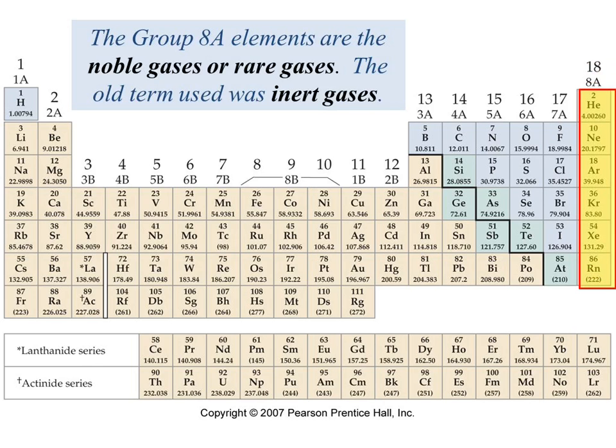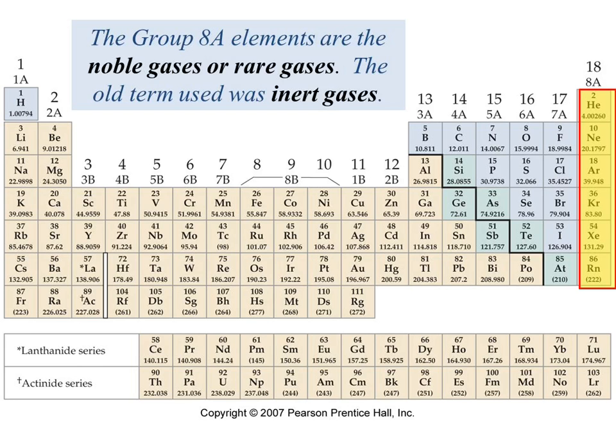So the last one to know the name for is group 8A. And again, I'm going with a little bit of the older convention, with the A's and the B's. Group 8A has 3 names, and you'll hear me use all 3 of them.